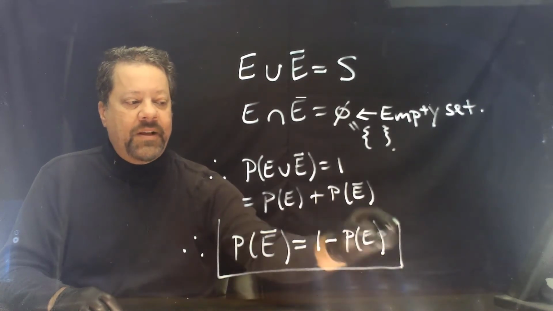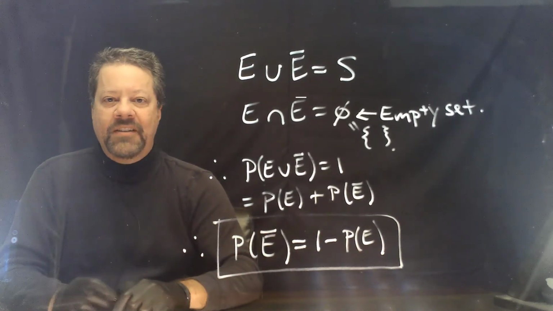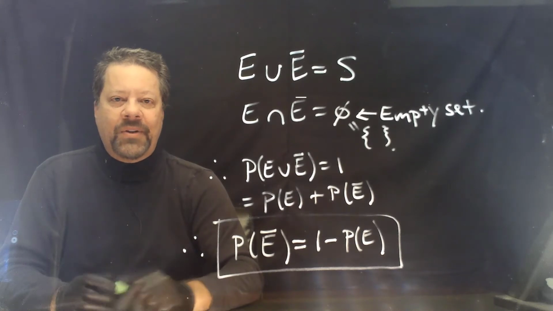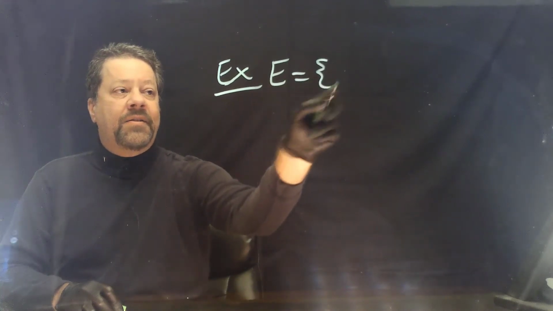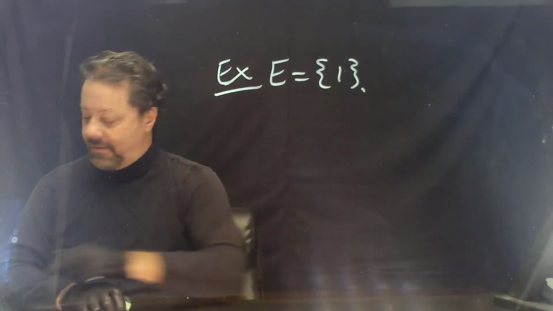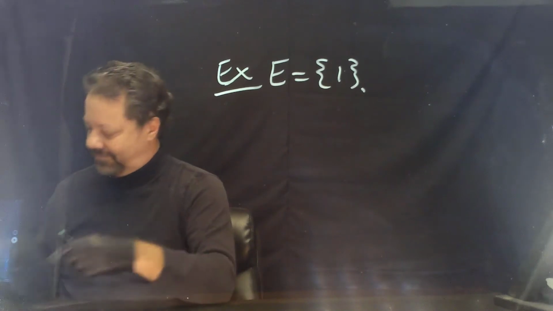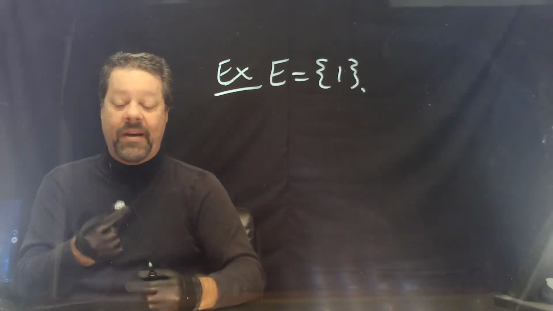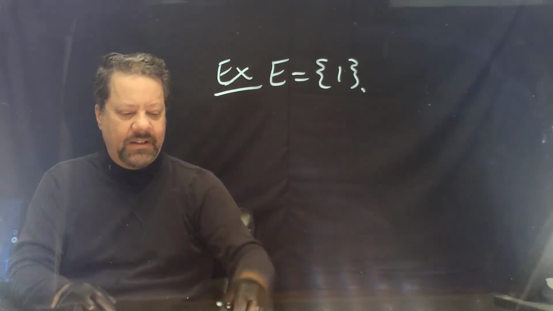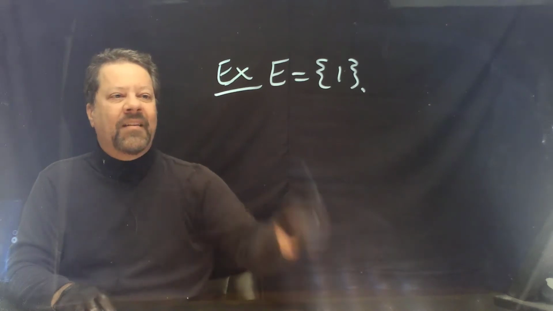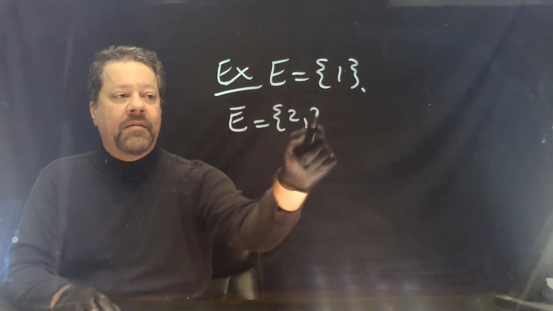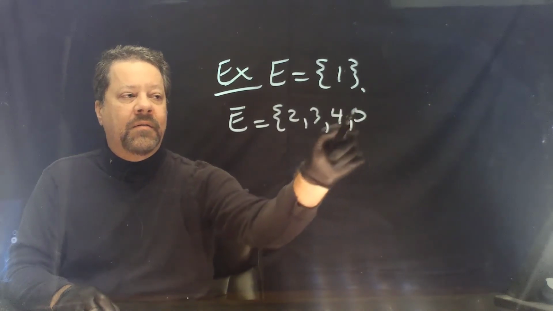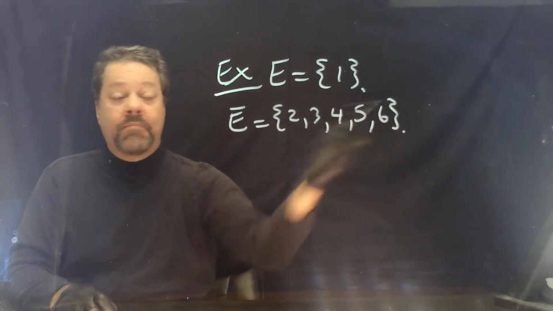This is a formula you need to know and be aware of. We will use this throughout the course. As an example, suppose our event is that we roll a 1 with our die. The complementary event is getting something else.